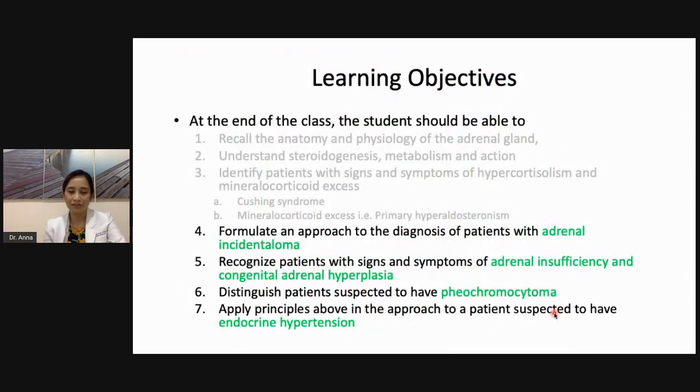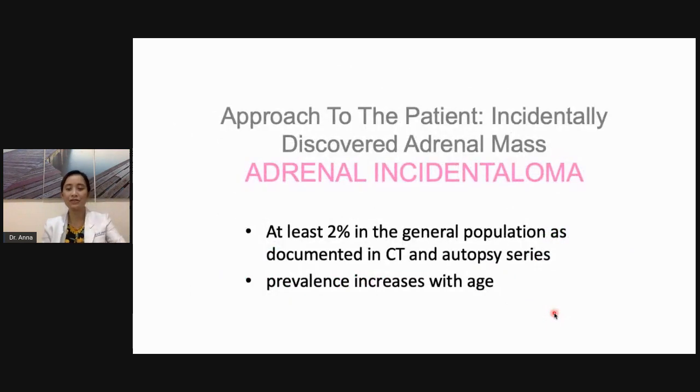Okay, so next we go to your adrenal incidentaloma. So how do we approach a patient coming to us for an incidentally discovered adrenal mass? So let's say the patient undergoes CT scan for another reason.